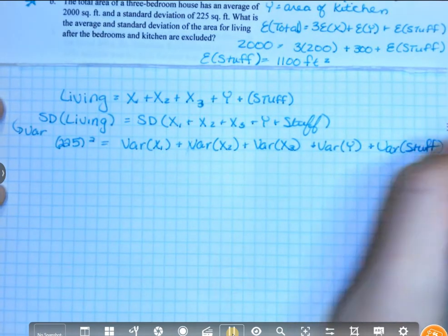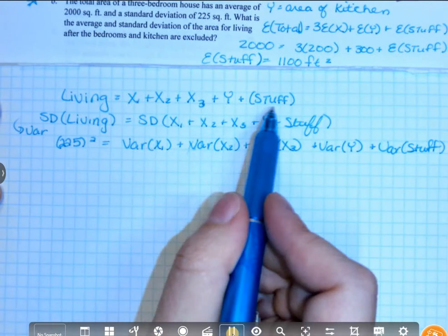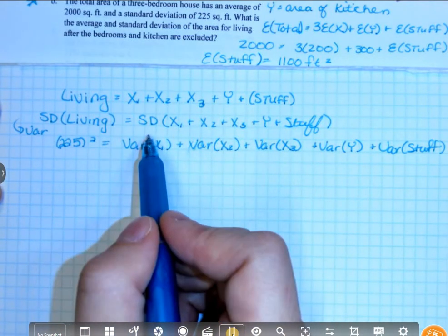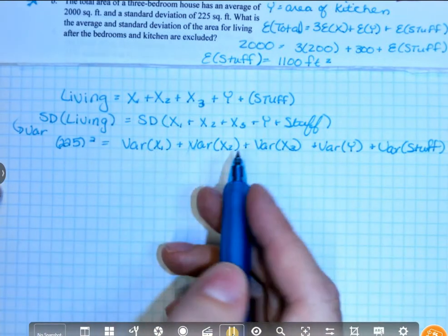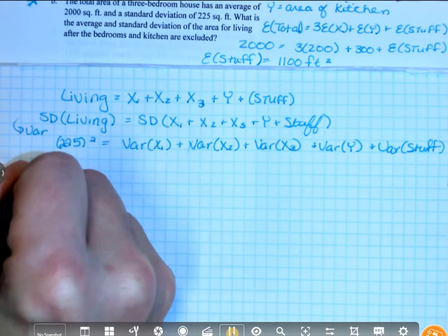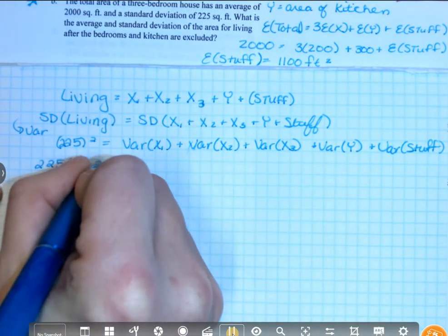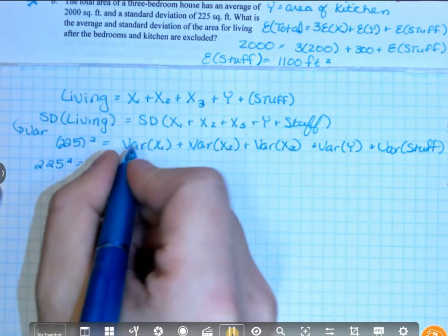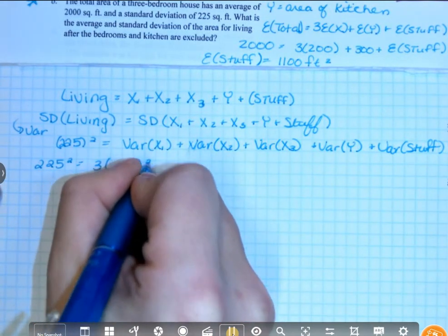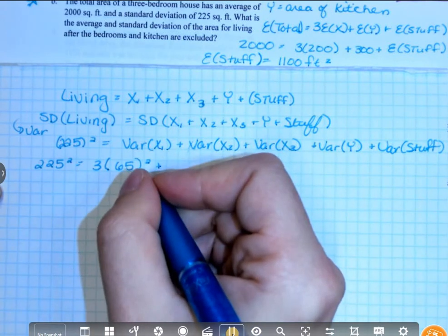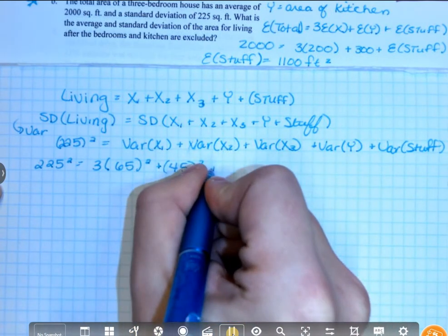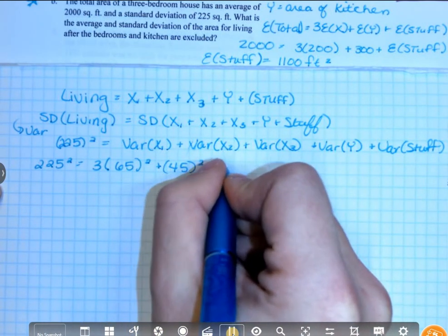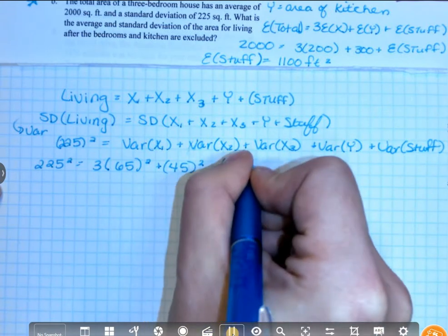This isn't like algebra where I could just initially solve for my stuff and then calculate the variance on everything else. It gets really confusing if you try to do that because of the Pythagorean theorem. So I have 225 squared is 3 times the bedroom, which was 65 squared, plus the kitchen, which was 45, thank you, squared, plus the variance of my other stuff squared.